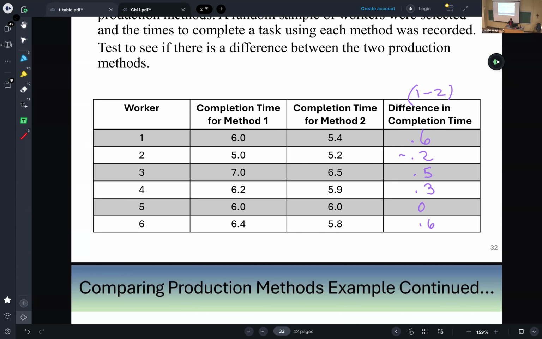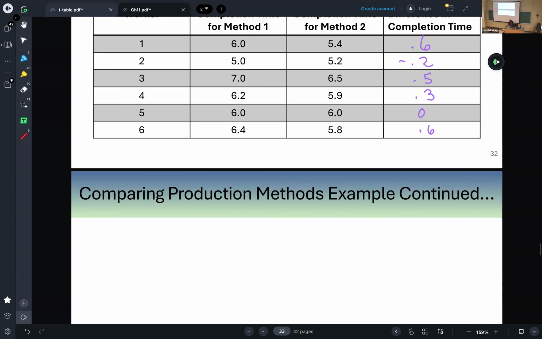And you just use that difference column. Again, when you tell the software what you want, is it 2 independent samples or 2 dependent samples? Then it will just do all this internally for you. But since we're doing it by hand, we can really see and understand what is happening here.